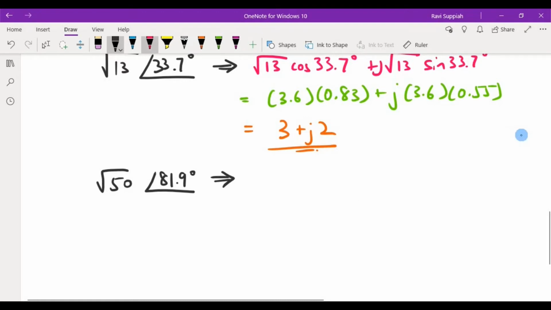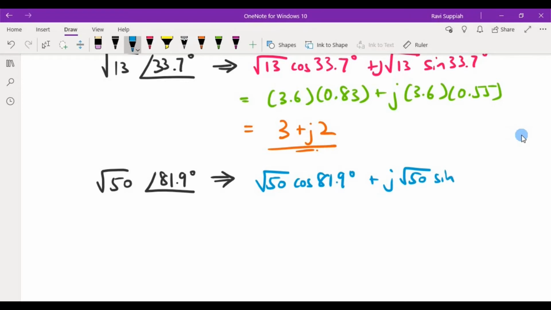So the formula says it will be r cosine theta plus j r sine theta. So put in the numbers, and for all this you must use your calculator.